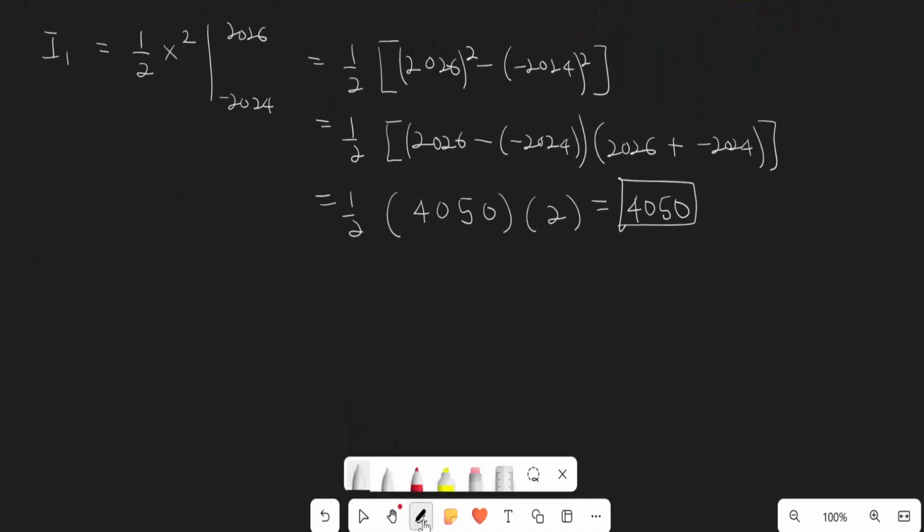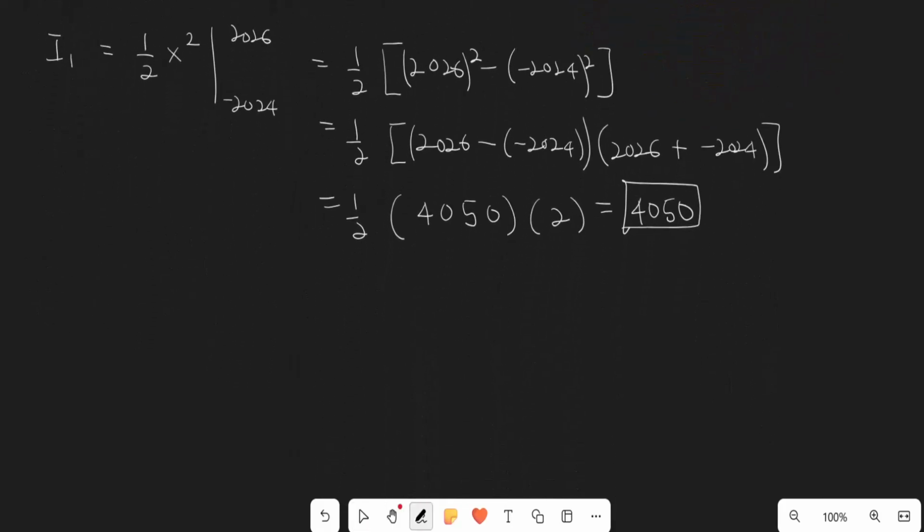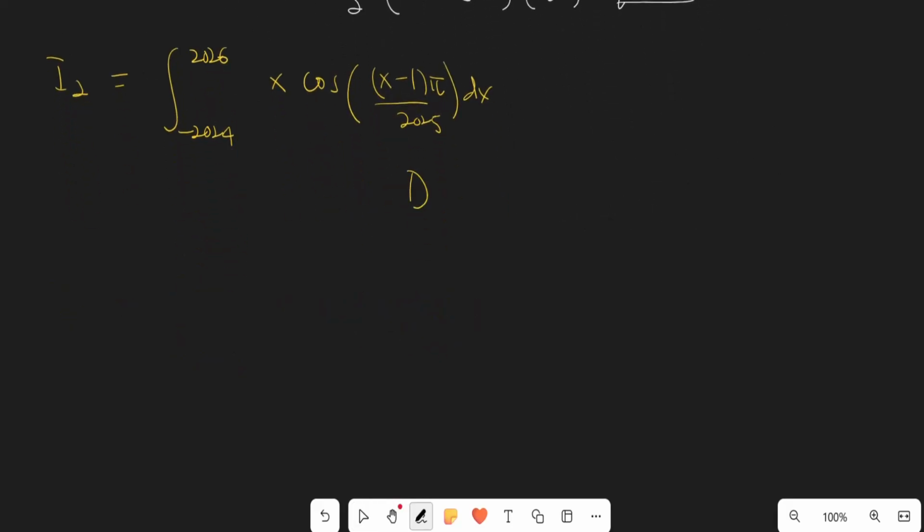Now the second integral, I2, I'm going to use integration by parts. That is the integral from negative 2024 to 2026 of x times the cosine of (x minus 1) times pi all over 2025, all this dx. So integration by parts, D and I. I'm going to differentiate x: differentiating x is 1, differentiating 1 is 0, and I'm going to integrate the cosine of (x minus 1) times pi over 2025.